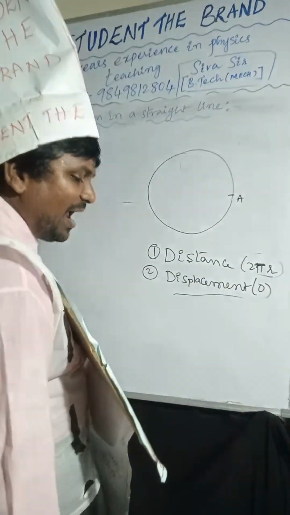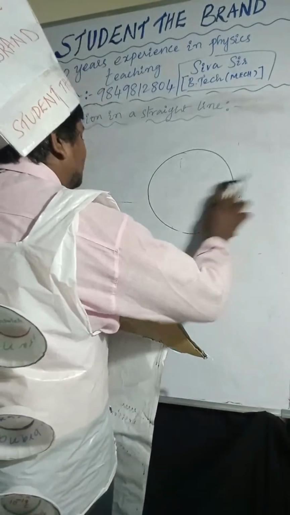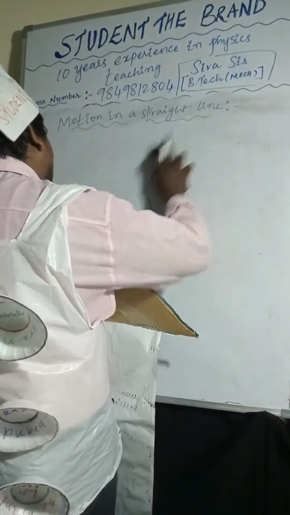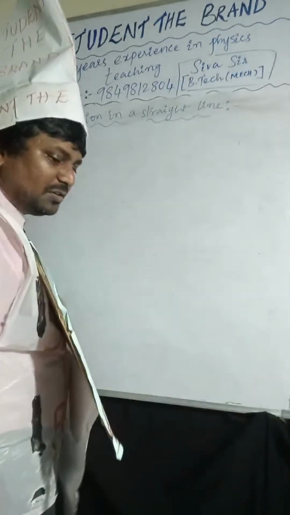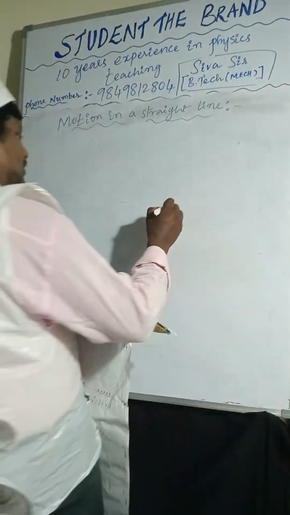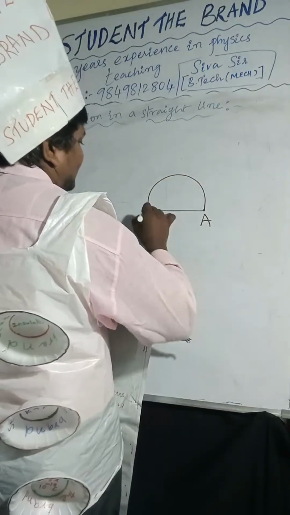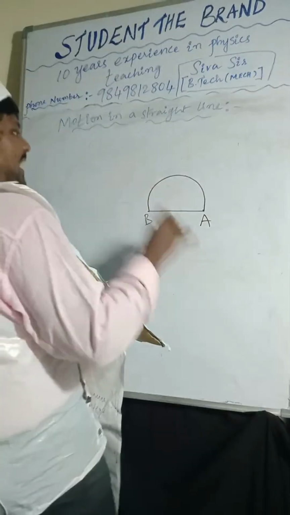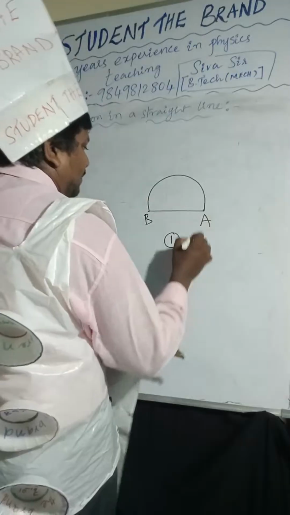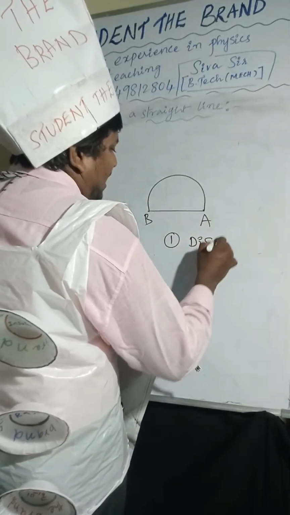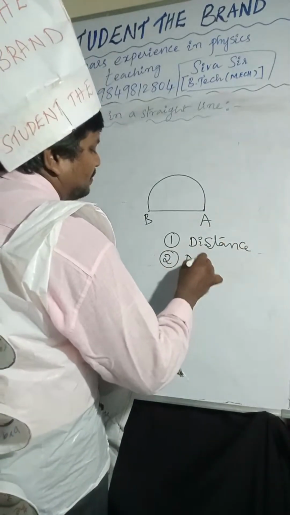If the object moves from here, again reaching the same point, this is A and this is B. If the object starts from A and reaches B, what is the distance and displacement?